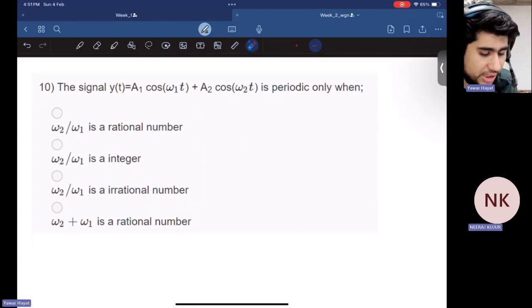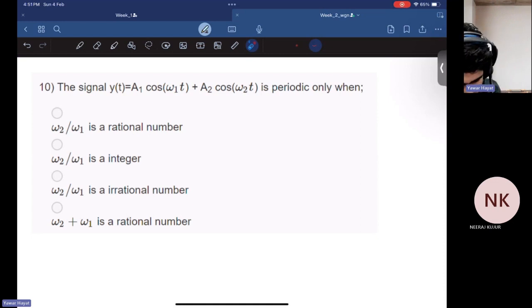y of t is equal to a1 cos of omega 1 t plus a2 cos of omega 2 t. You need to find which of the following relations holds good if y of t is periodic. Just work it out and let me know.